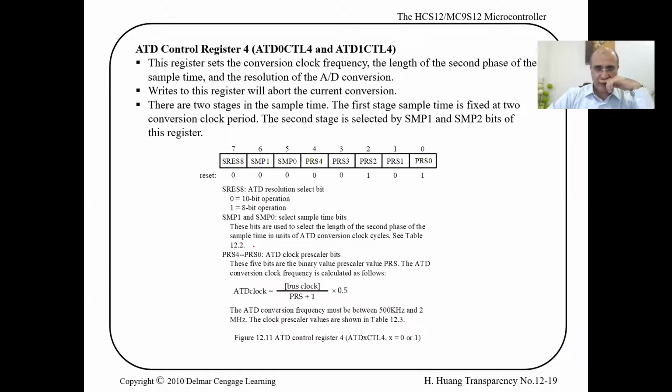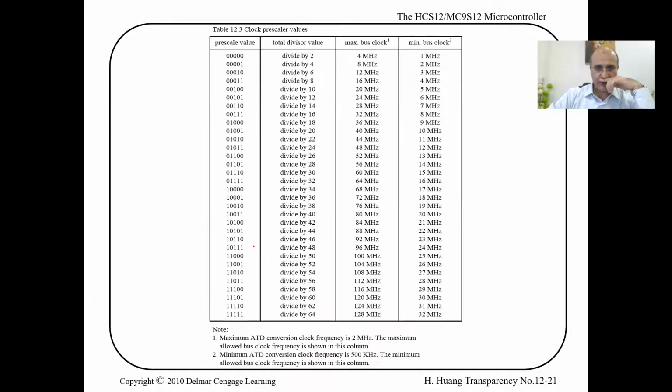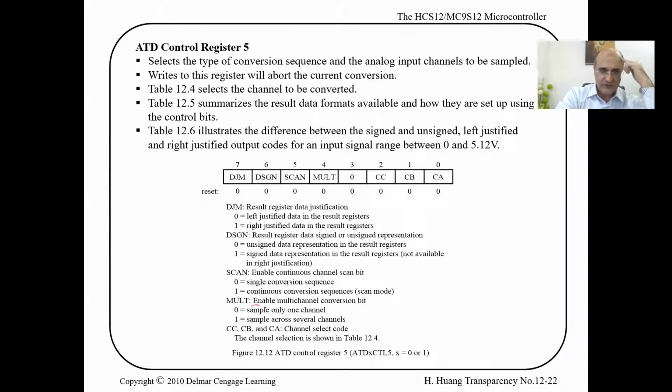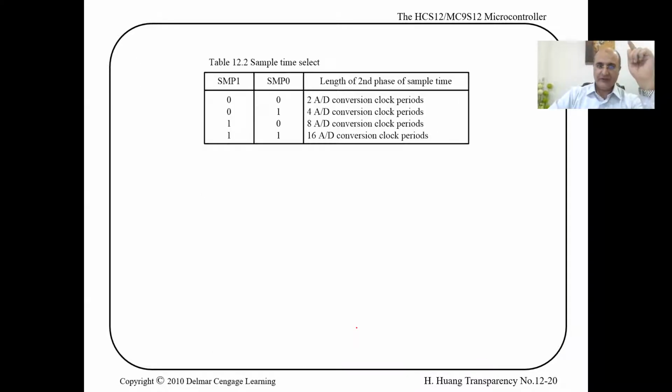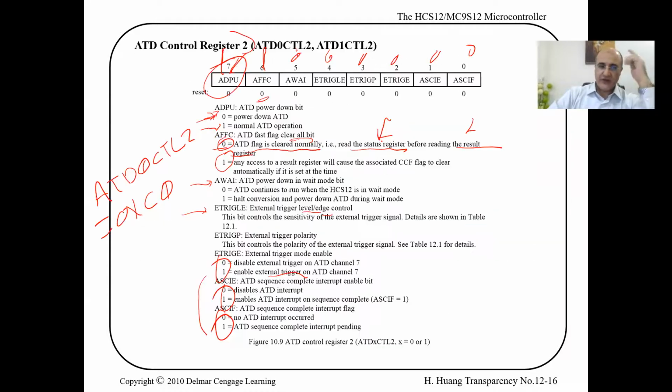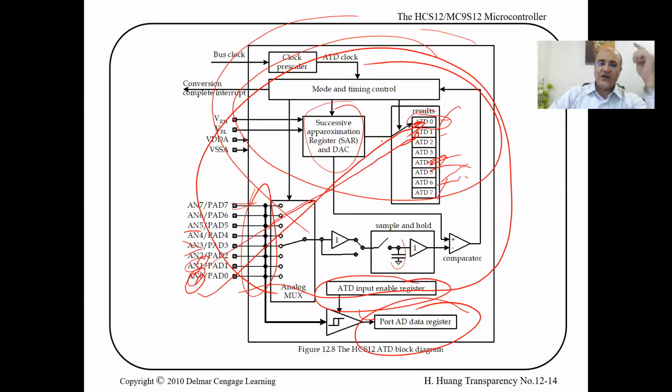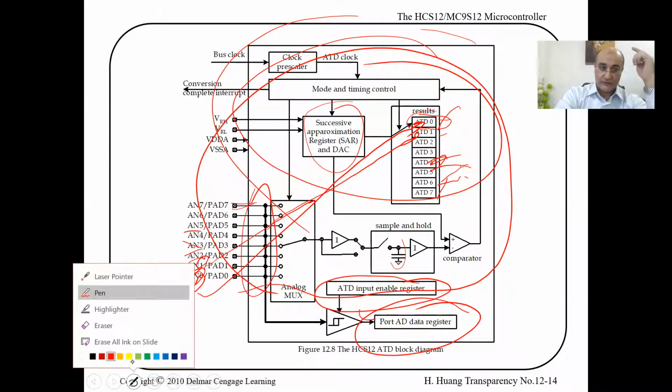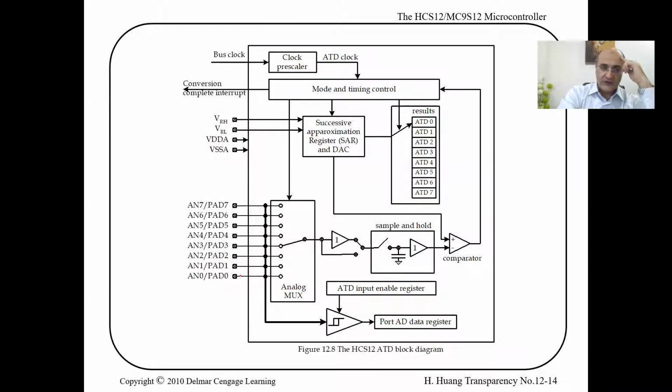Another case, where is the other? There's a bit here. I'll show it to you and come back. Enable multi-channel conversion. So we are able to enable conversion across a single channel or across several channels. If I do 8 conversions in the non-multi-mode, it will read 8 times from this.